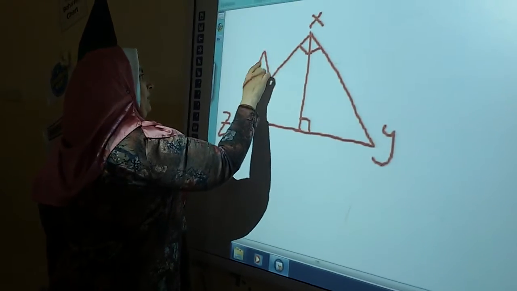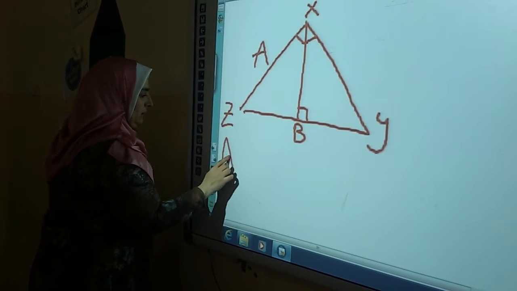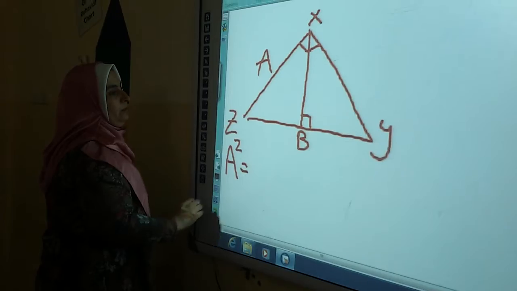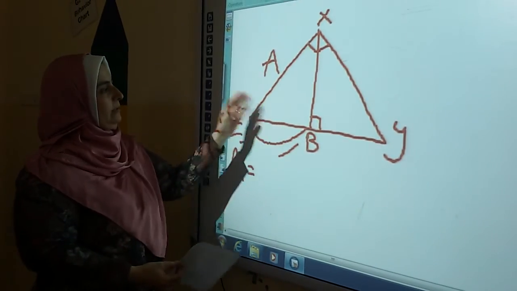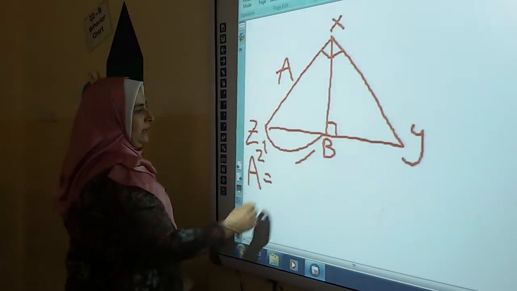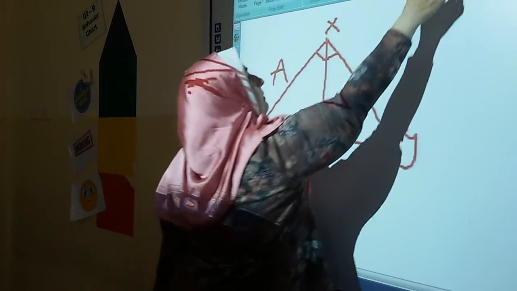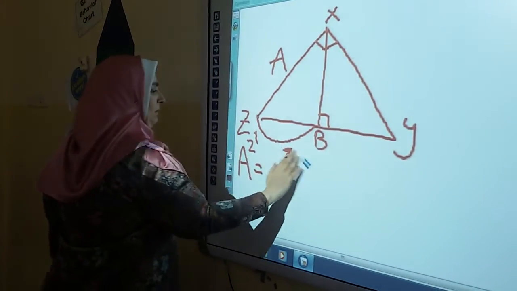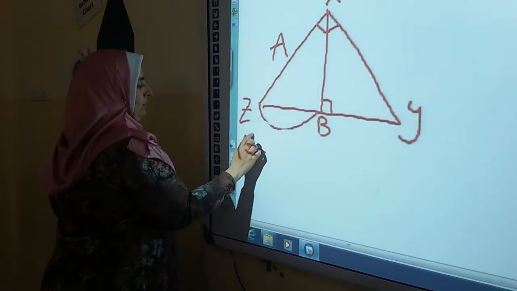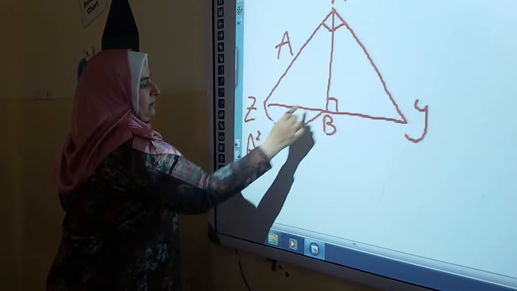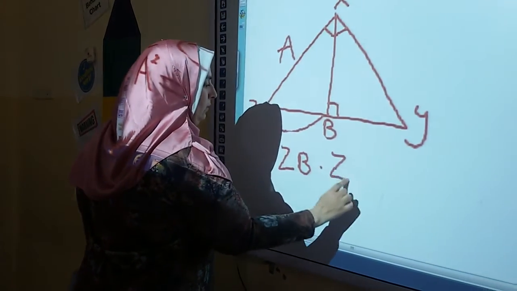Let's take another. If I want to get the A here, how to get it? A power 2 will be the part which is beside this side, which is ZB, times the whole one, ZY.